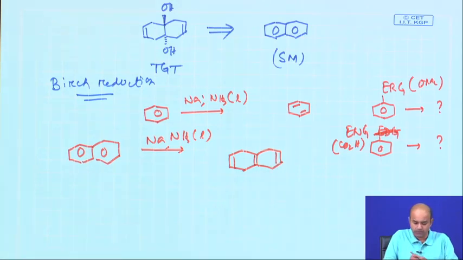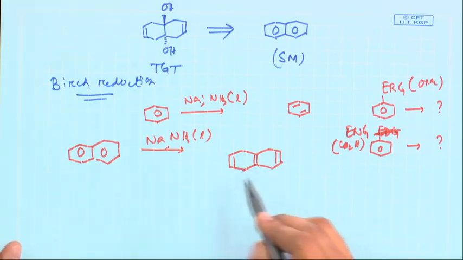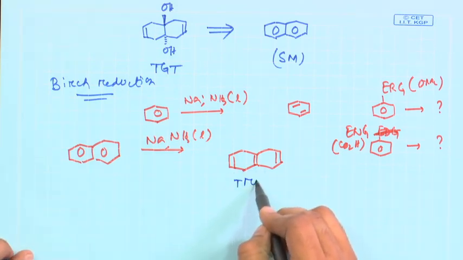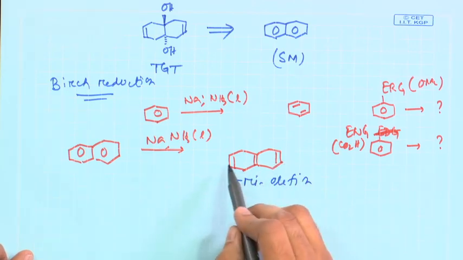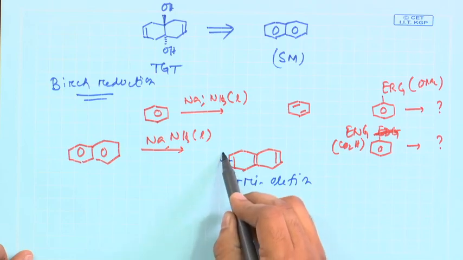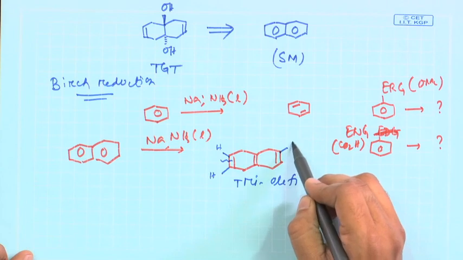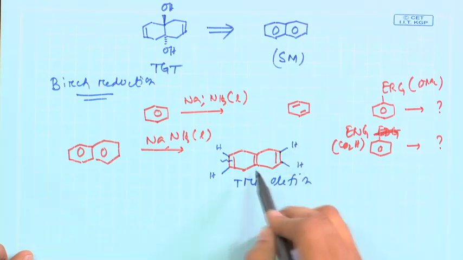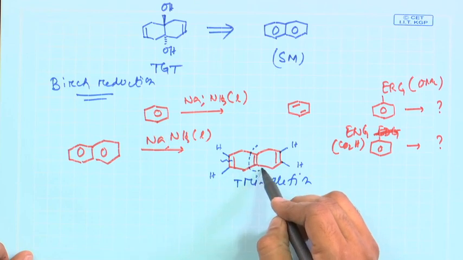The initial intermediate is a triolefin. The side olefin is disubstituted because you have 2 hydrogens here. The other side olefin is again disubstituted, but this middle olefin is tetrasubstituted.